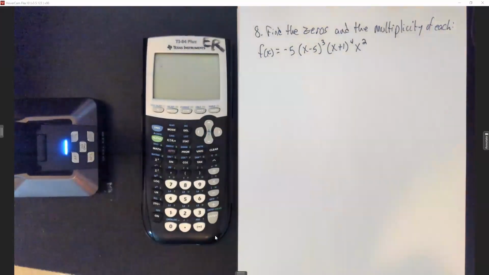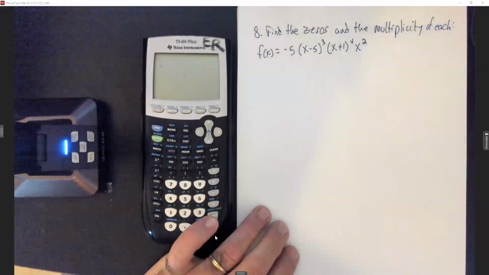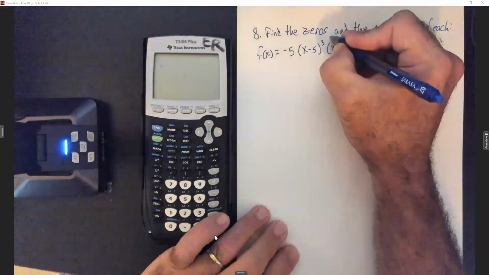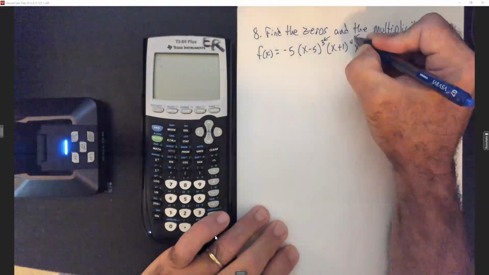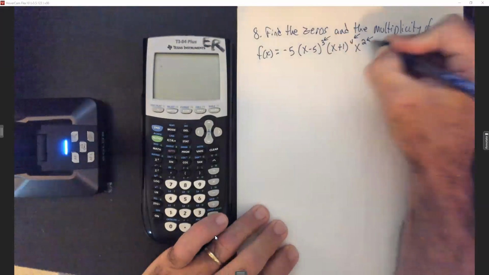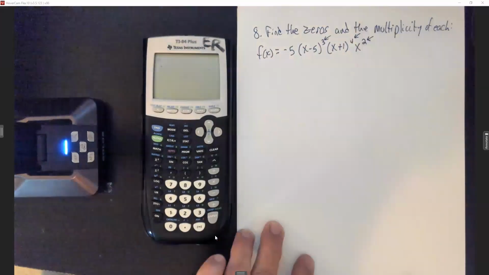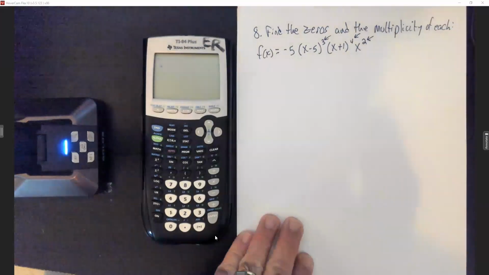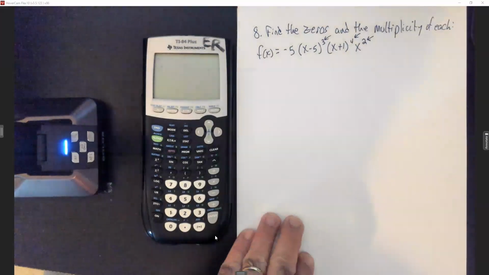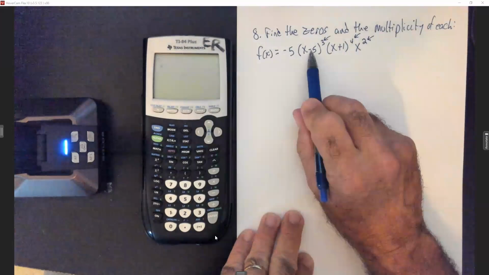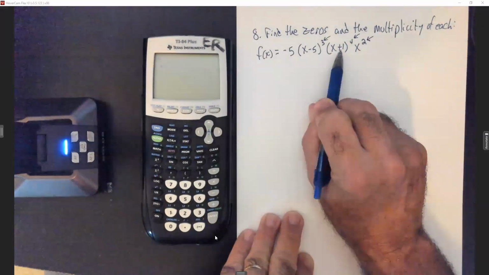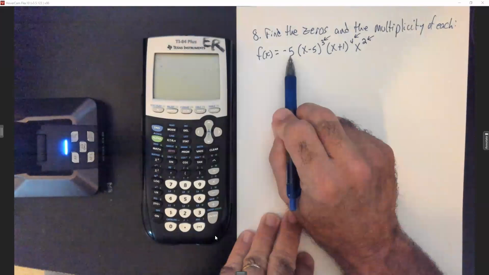All right, so we know our multiplicities are going to be the 3, the 4, and the 2. I'm going to tell y'all, I got 3 factors here and not 4. I got an x minus 5, x plus 1, and the x. This -5 is not a factor because it's just a number.